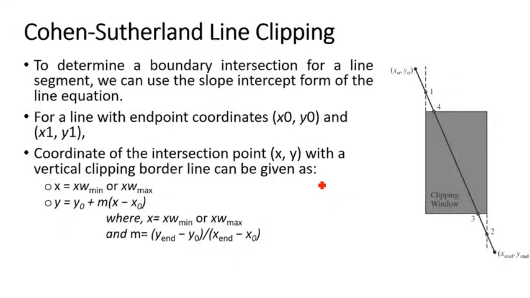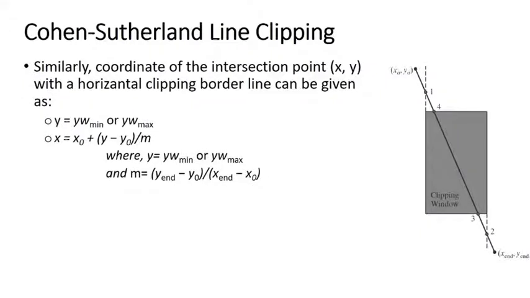Similar to this, using the same relationship that y minus y naught divided by x minus x naught will be equal to m, if I see the intersection of the line with the horizontal border, then the y of this line will be y min and the y of this line will be y max.